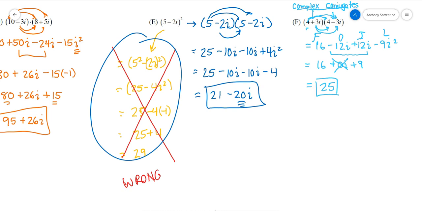And that O and I part of the foiling process is what creates the non-real part of your complex number. They're always going to cancel, so basically when I multiply complex conjugates together, the result is a real number. I don't have a non-real part anymore. And that's important to remember when we get into division. So let's do the last couple of parts of this example, which deal with division.